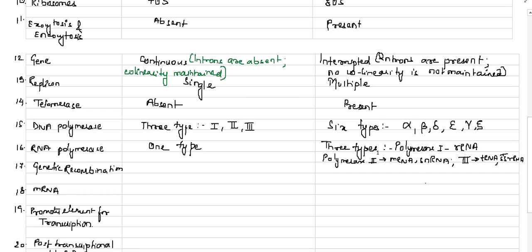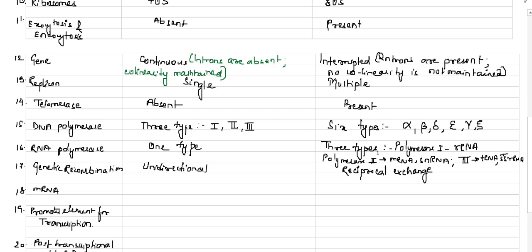Next is genetic recombination. This genetic recombination is generally unidirectional in prokaryotes. But in eukaryotes, it involves reciprocal exchange, that is crossing over, right?